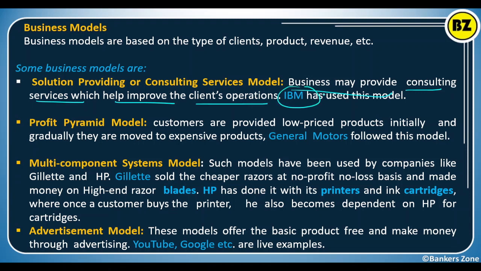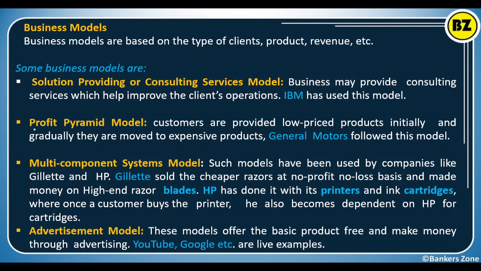For example, IBM is using this model tremendously. IBM is doing a great outsourcing job, right? So they are providing consultancy services to other companies so that their operations can be improved. IBM is outsourcing employees to other organizations for the purpose of consultation. So this is nothing but the consulting model.